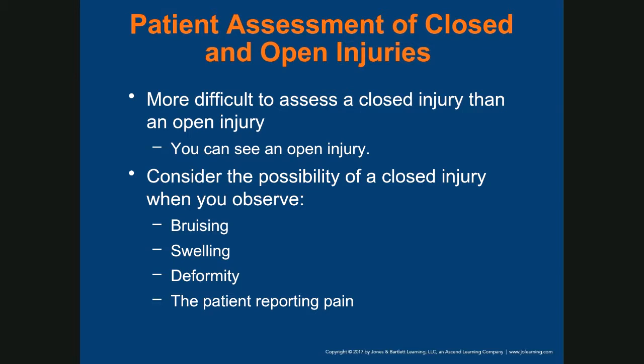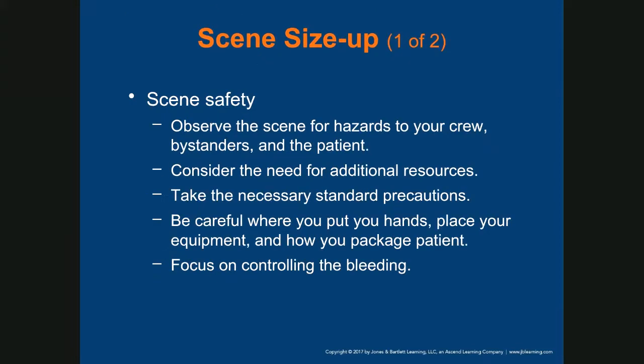So we start off with our scene size-up. So make sure that the scene is safe for you, your partner, bystanders, and the patient. Observe this for hazards to your crew, bystanders, and patient. Consider the need for additional resources. Take the necessary standard precautions, right? Make sure you have enough gloves on you.